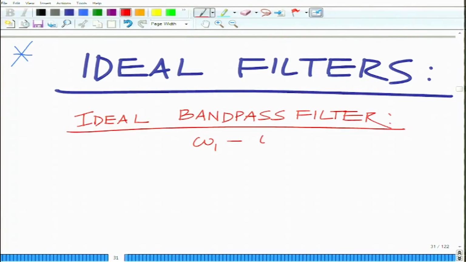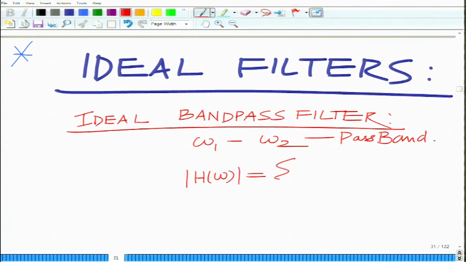So, let us say the band is omega 1 to omega 2, we can call this the pass band. Then for this band pass filter, we have magnitude H of omega equals 1 for omega 1 less than magnitude omega less than omega 2, and 0 otherwise.